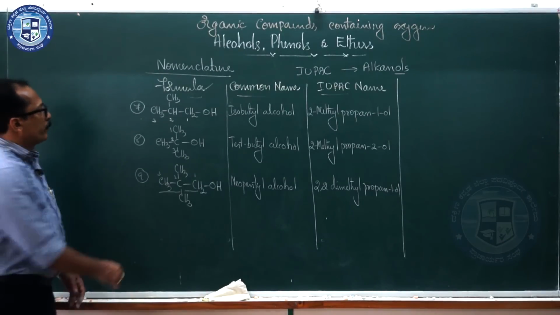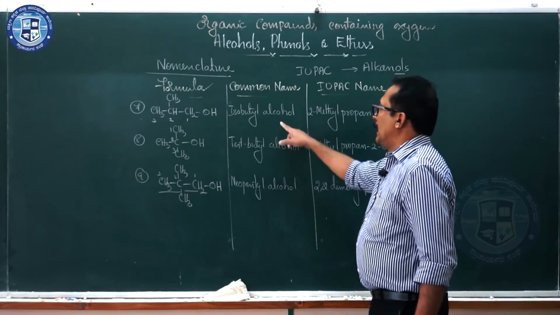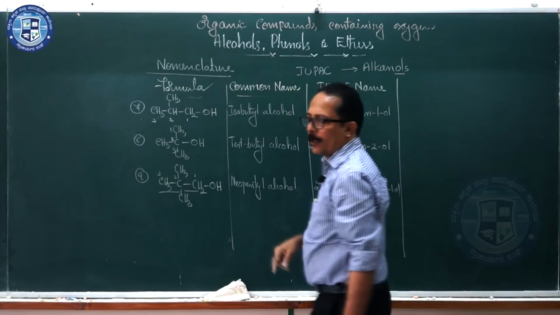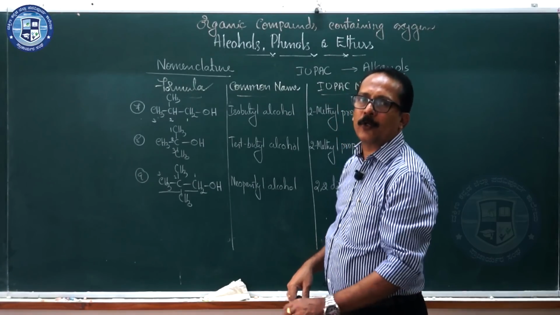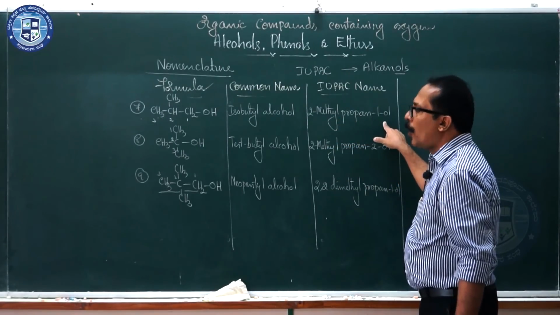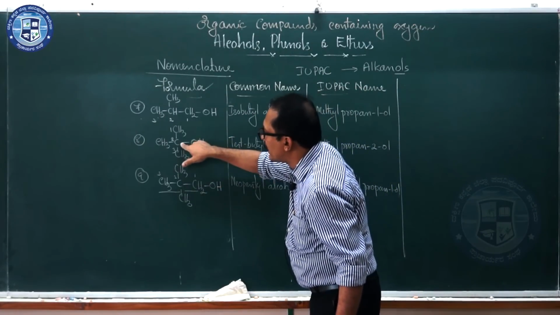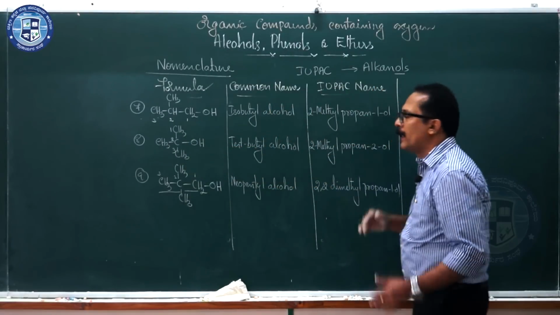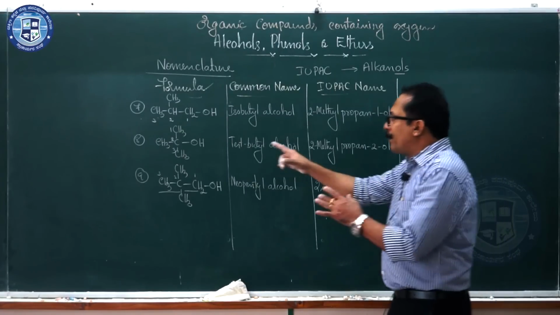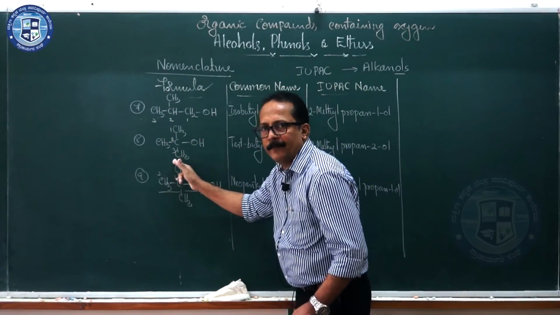Now, just observe these compounds. The first compound is isobutyl alcohol, because this group is the isobutyl group. What is the IUPAC name for isobutyl alcohol? 2-methyl propan-1-ol. Next compound, this group is the tertiary butyl group. The OH group is attached to the tertiary butyl group, so it is called tertiary butyl alcohol. When you name this compound according to the IUPAC system, select the longest carbon chain.